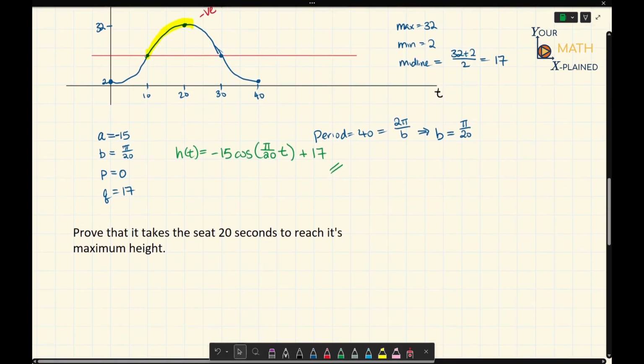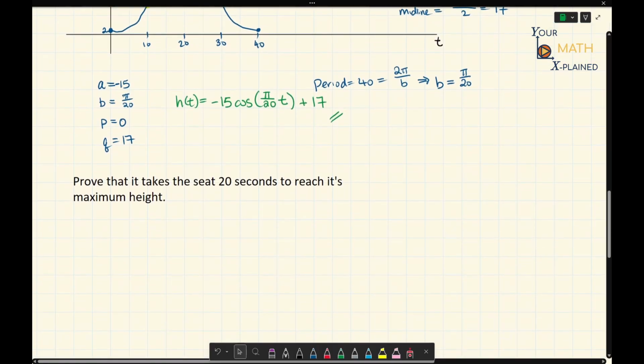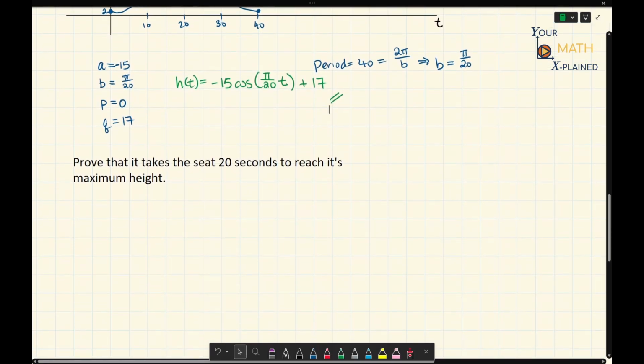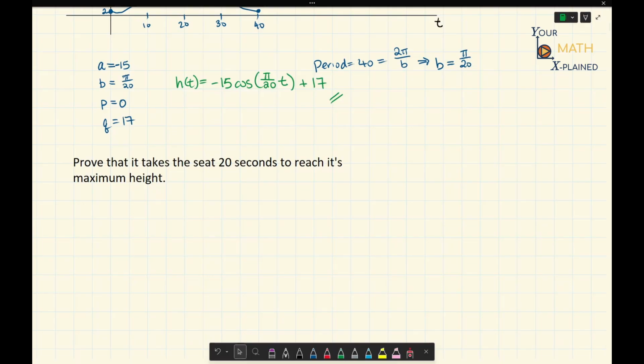For the next part of this question, we're going to use this function that we have created to prove that it takes the seat 20 seconds to reach its maximum height. Earlier, when we were drawing the function, we already said that it takes 20 seconds to reach there. But we're just going to double check using this function that we've created. So our max height, h of t, is equal to 32 meters.